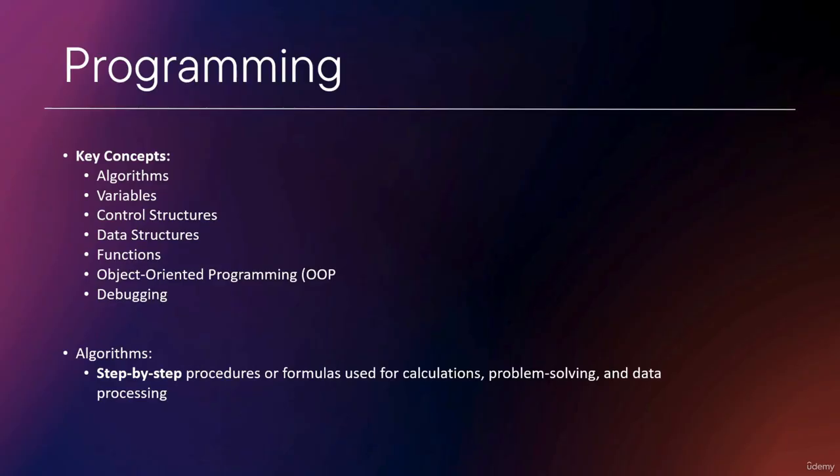First we need to understand algorithms, then variables and control structures. Variables basically hold data for us. Then there are control structures, which allow us to control the flow of the code. Then there are different data structures, which help us store the data in our code.